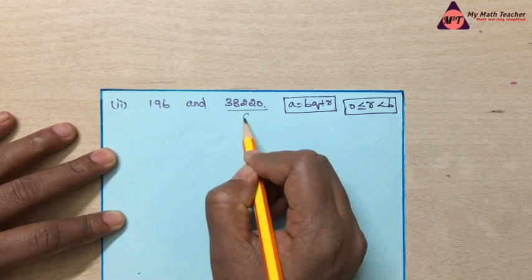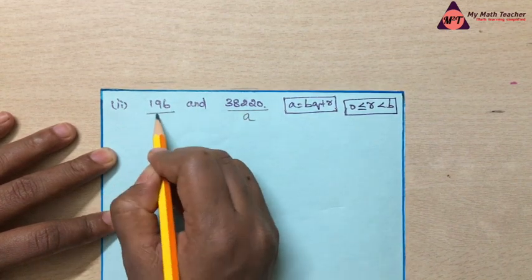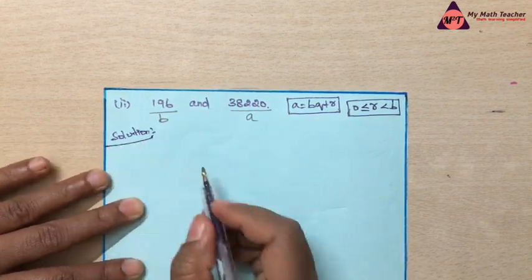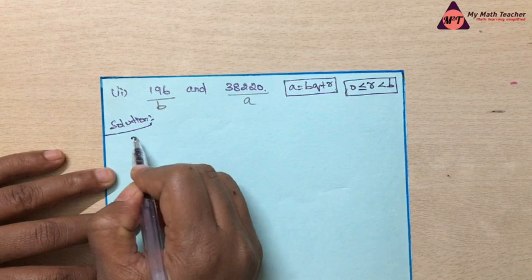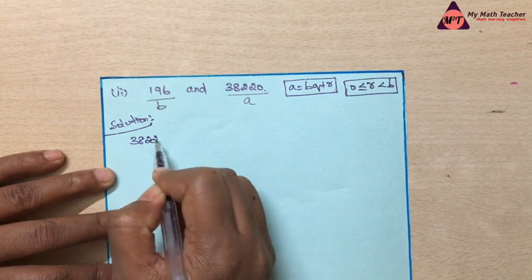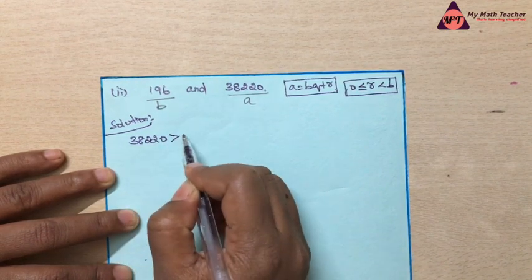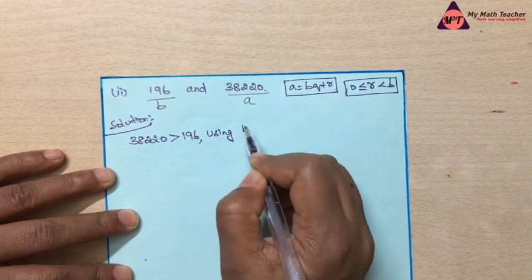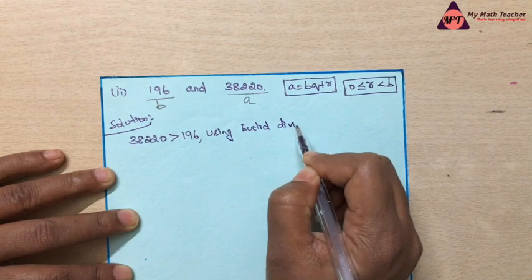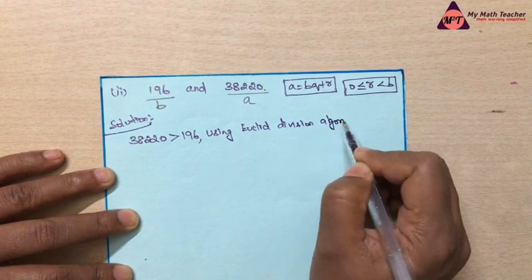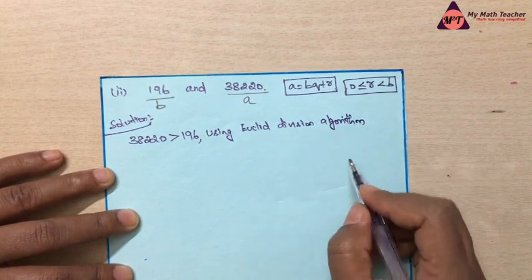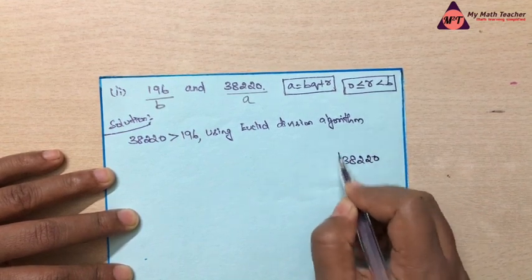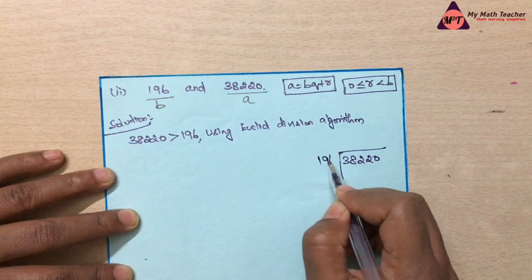This is the greater one taken as A, smaller one taken as B. Now 38,220 is greater than 196. Now we are dividing 38,220 divided by 196.